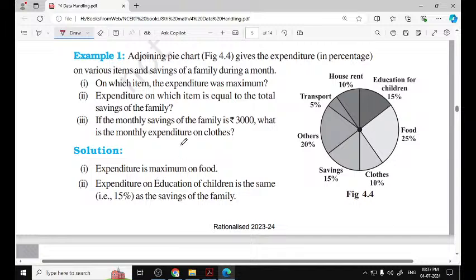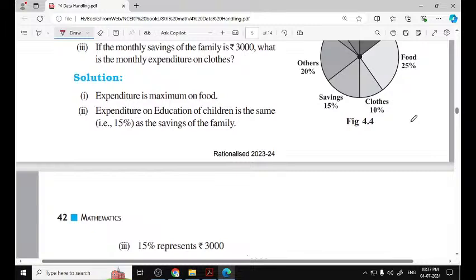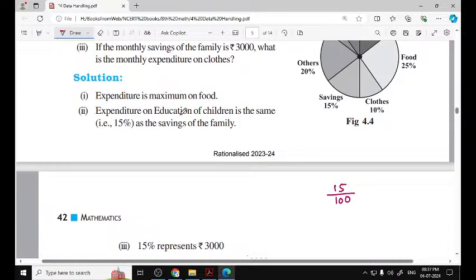For this we have to calculate. Now this 15% means 15 upon 100. So out of 100 rupees, 15 rupees are saved.